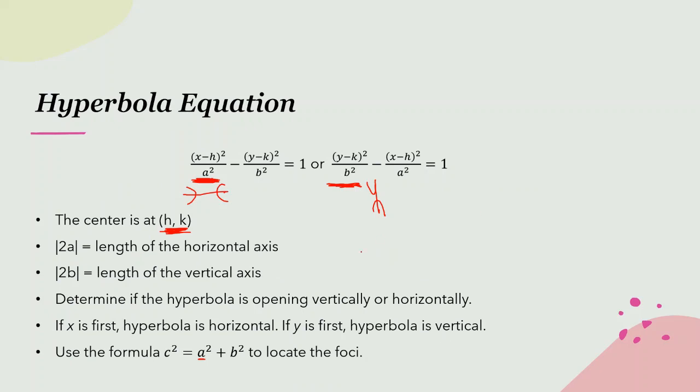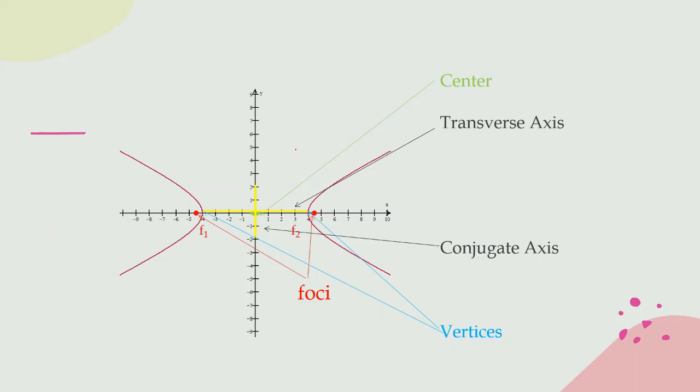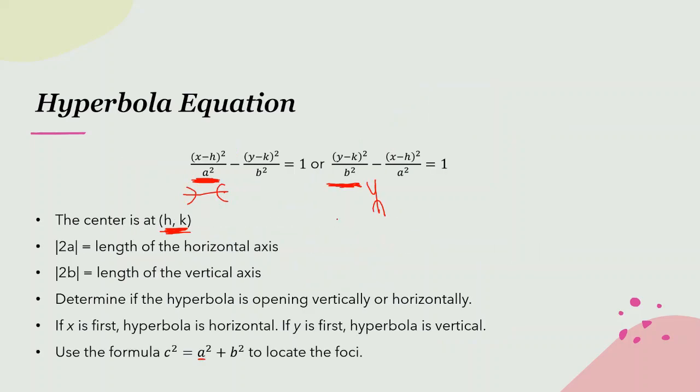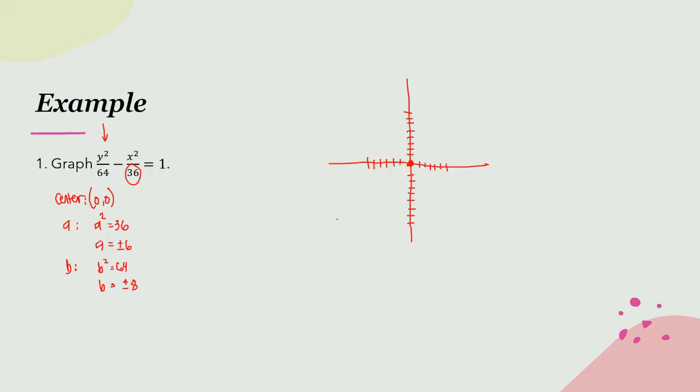The endpoints of our vertical axis are the vertices of our hyperbola. Since it's opening up and down, at the top and the bottom, this one here is our vertex and this one here is our vertex as well. So that is the endpoint of our hyperbola that is opening up and down.